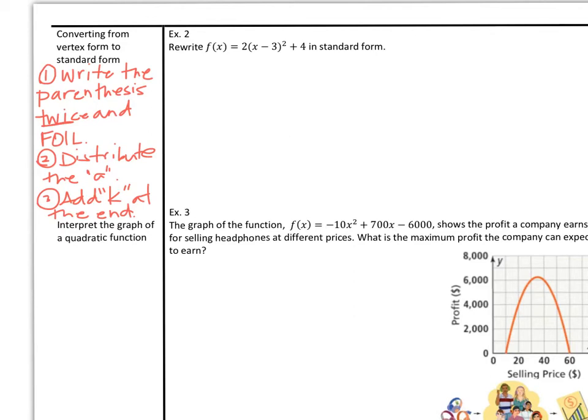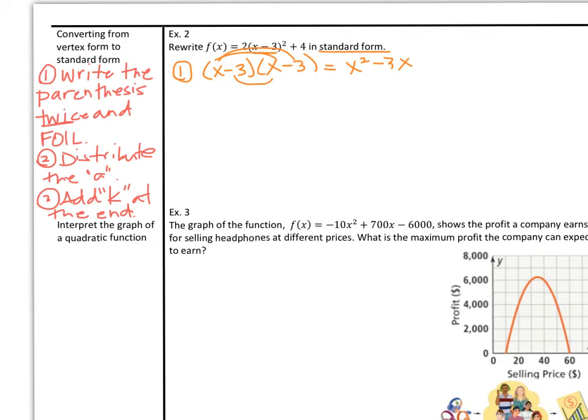Over on the right, rewrite f of x equals 2 times x minus 3 squared plus 4 in standard form. Step 1, we're going to write out the parenthesis twice and FOIL it. X minus 3 times x minus 3. So we'll do x times x, and that gives us x squared. Then x times -3, which will be minus 3x.